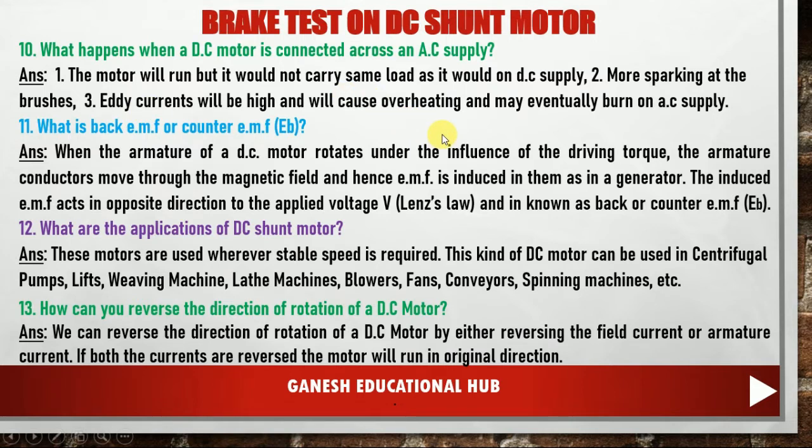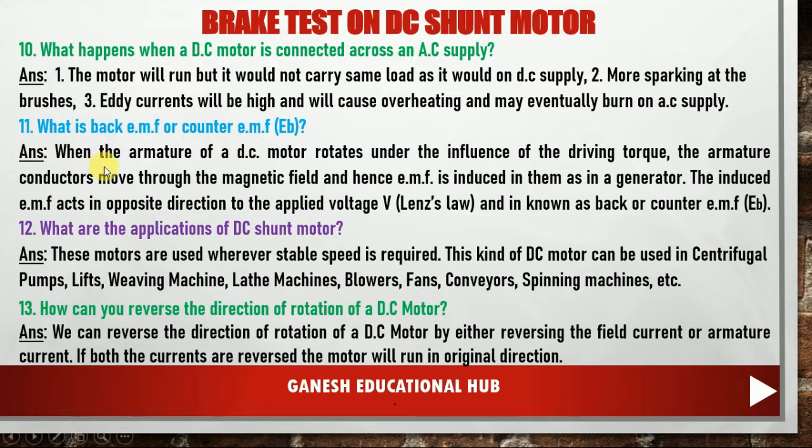Eleventh question. What is the back EMF or counter EMF? It is the most important question in DC motors. Actually, EMF is induced in DC generators, but in DC motors also some voltage is generated, which is called back EMF.